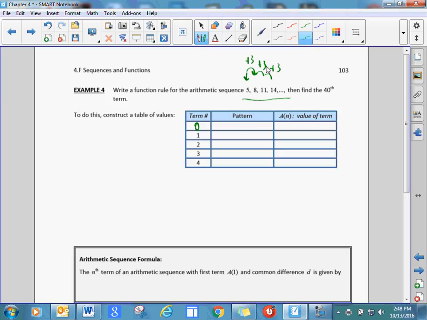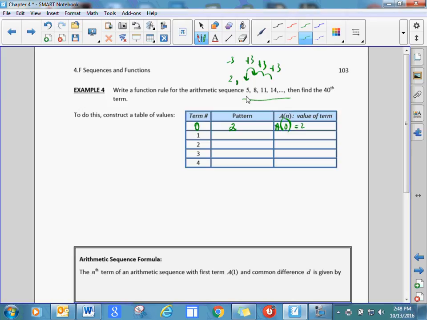And if we're adding 3 to get to each individual term going forward, it would make sense that if we subtracted 3, we were back at the zeroth term. So if we subtract 3 from 5, we're starting out at 2. So when we take the zeroth term, which sounds kind of silly, the pattern is 2. So a sub 0, the value of the term when it's the zeroth term, is 2.